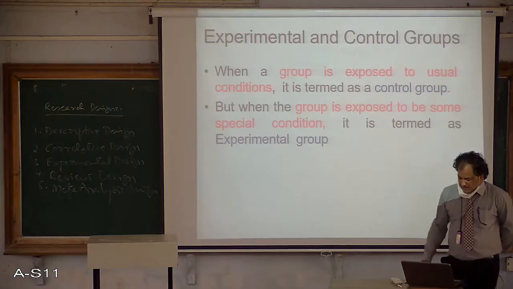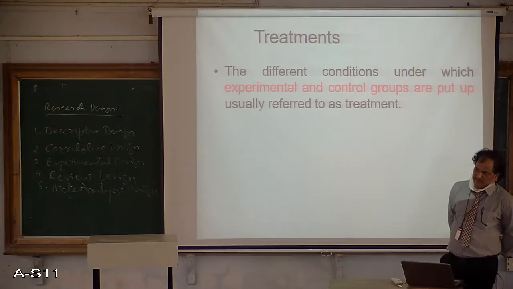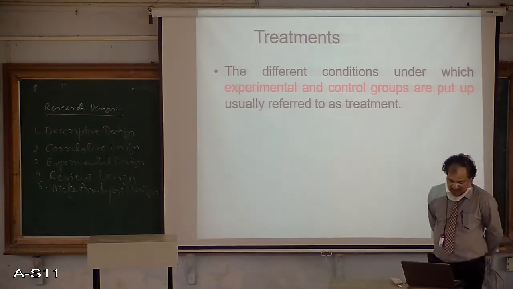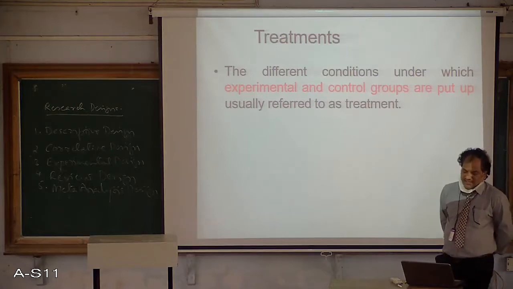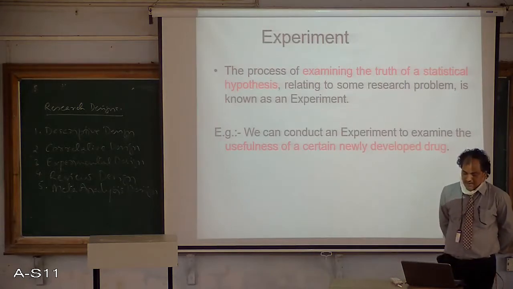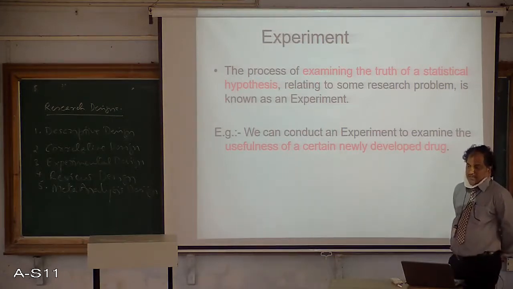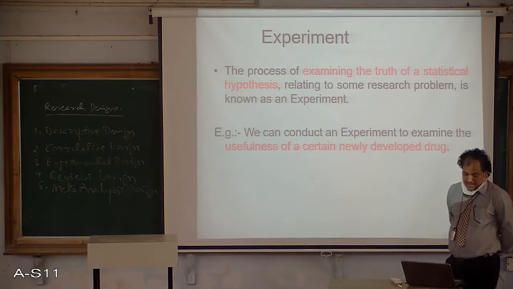The next concept is treatment. We will represent all these things using a mathematical notation. What is this treatment? The different conditions under which experimental and control groups are put up is usually referred to as the treatment. Then we come across a term called experiment. What do you mean by experiment?